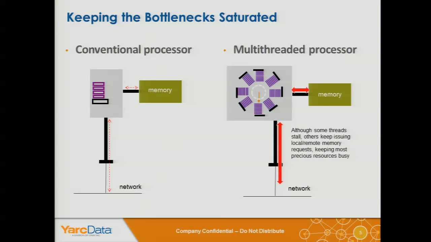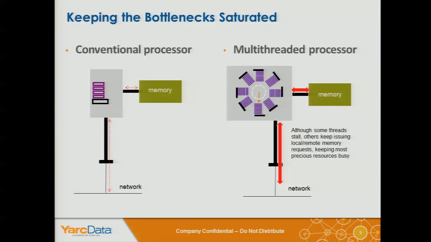And the purpose of this really, as I've mentioned to a couple of people, is keeping all of the bottlenecks in the machine saturated. With a conventional processor, when you've got requests in flight to memory and requests in flight to the network, and the processor is not able to fulfill a request because it's not in cache, it will actually stall and stop issuing memory requests over this bus or over this bus.